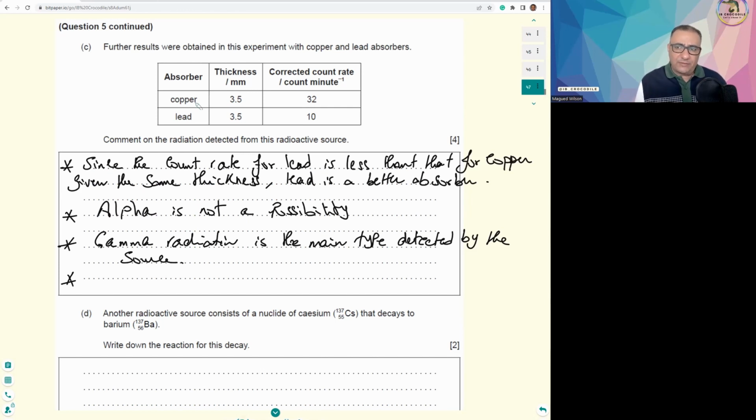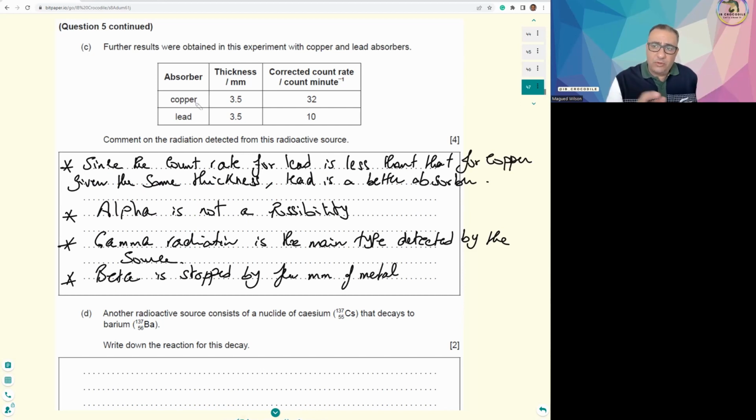So one alternative here, we can say beta is stopped, or could be stopped, by a few millimeters of metal. Okay, copper, aluminum, whatever.